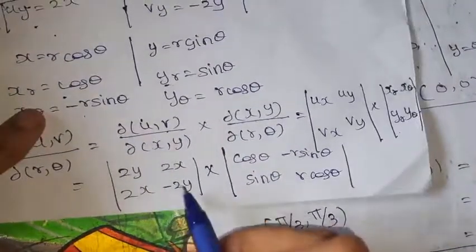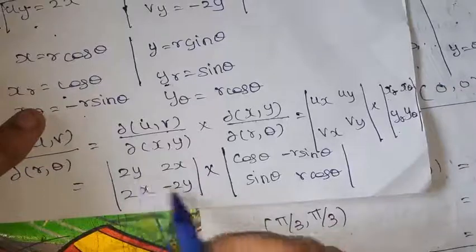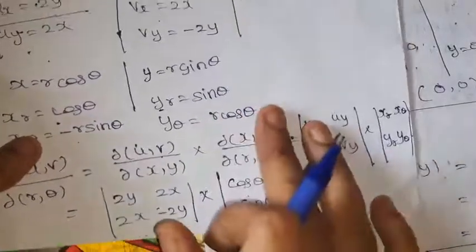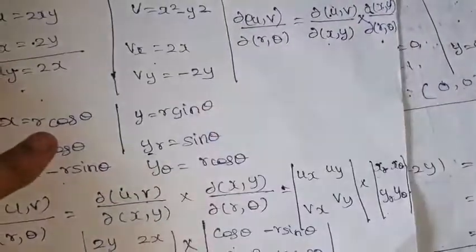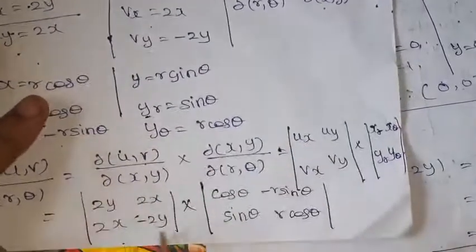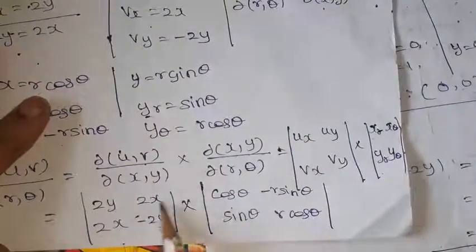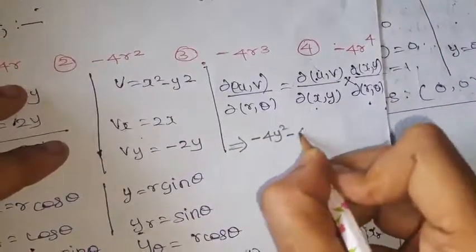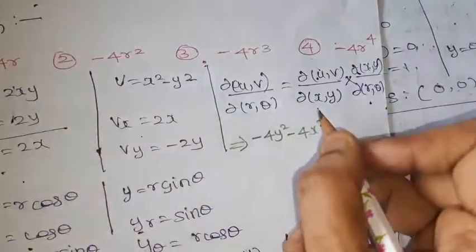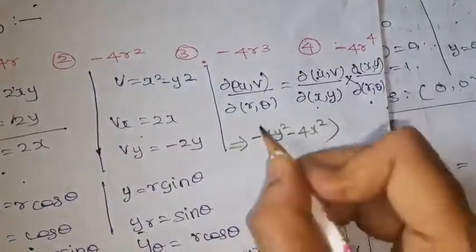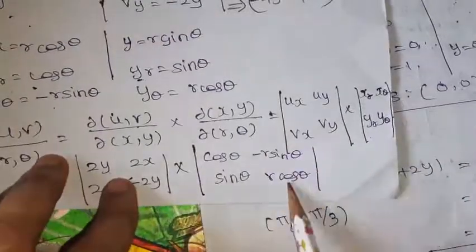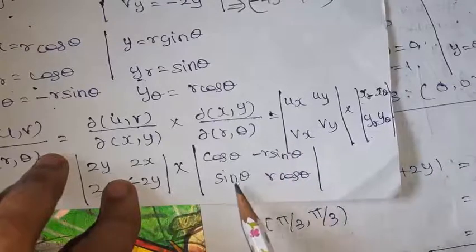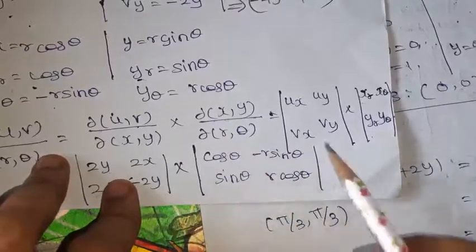For this we get minus 4y squared minus 4x squared, multiplied by r cos square theta plus r sin square theta.